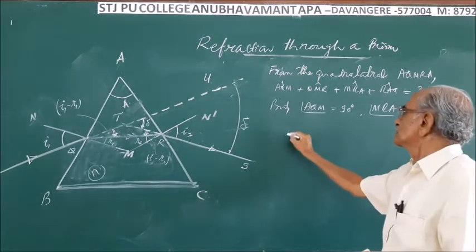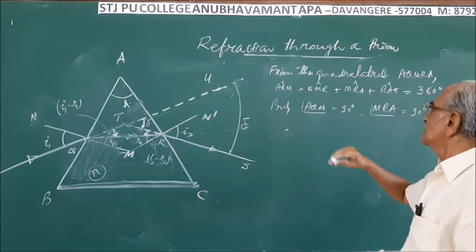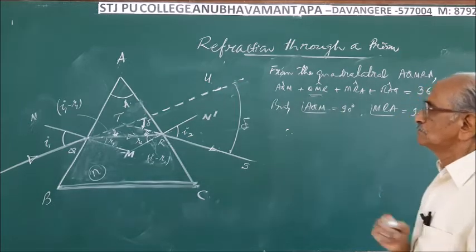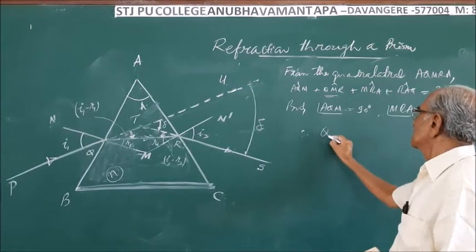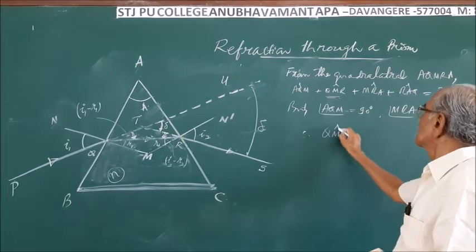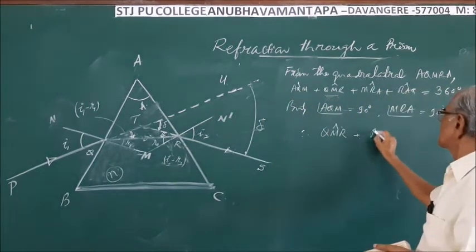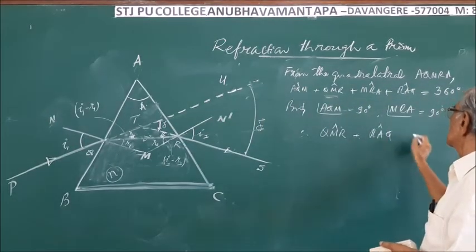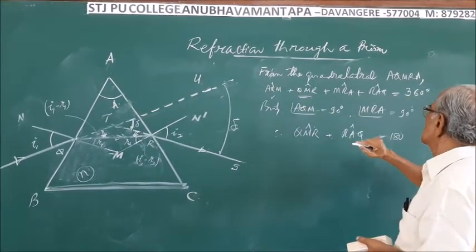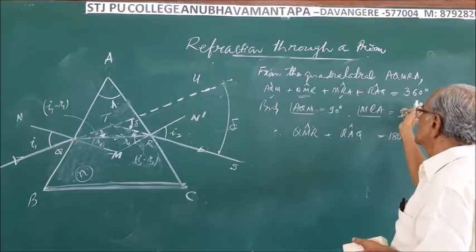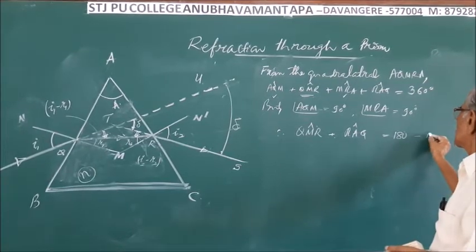Therefore, substituting, we get QMR plus RAQ together make 2 right angles, because this is one right angle, this is another right angle. Substituting and rearranging, we get this. I will call this equation 1.